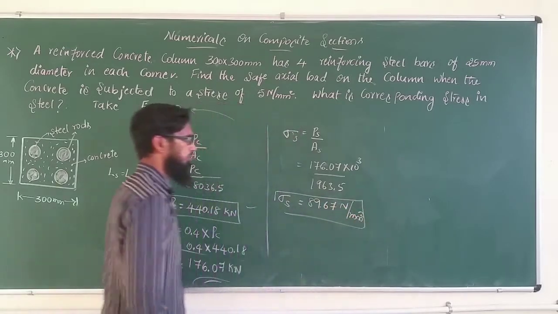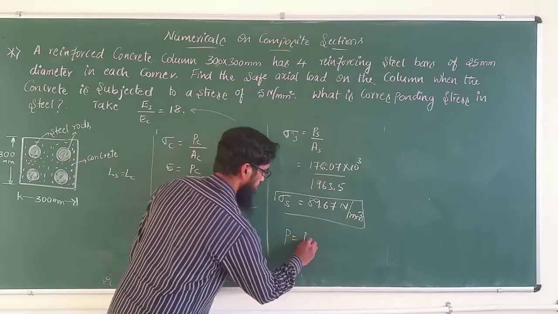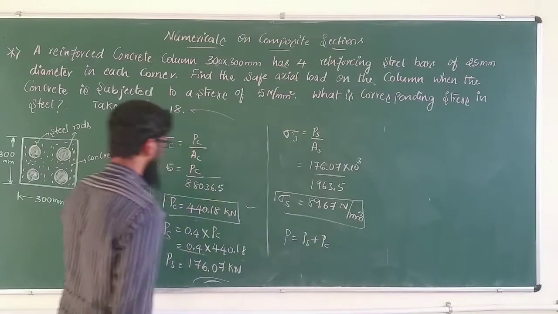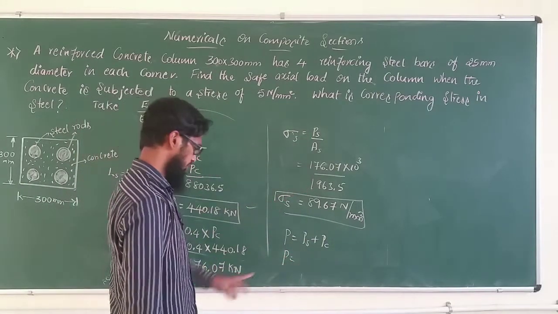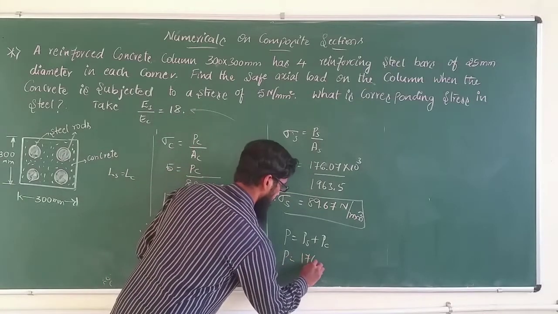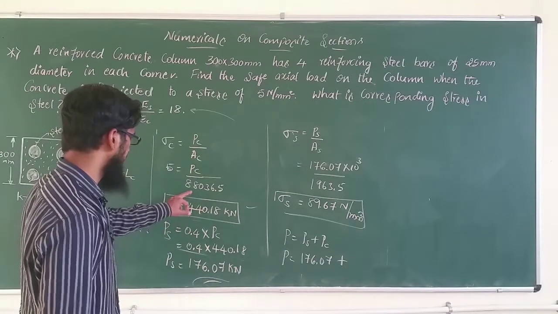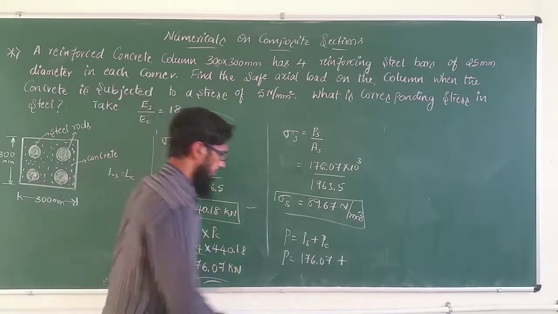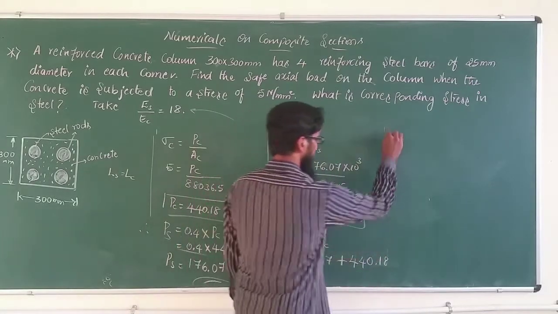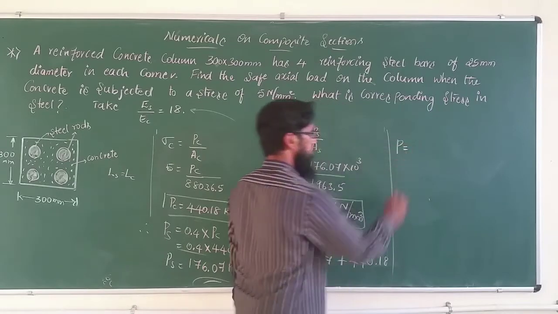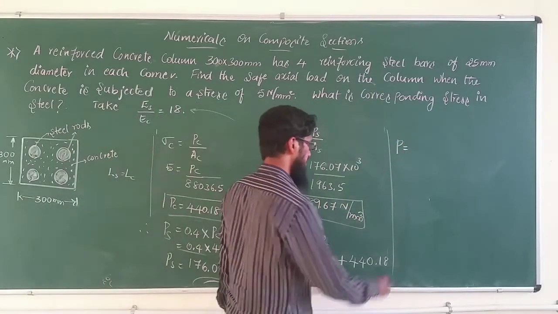We can even calculate what will be the total load in the concrete section here. Suppose I take P is equal to PS plus PC. So we got P is equal to totally, PS is 176.07 kilonewton, and the load in the concrete is 440.18 kilonewton. Therefore the total load which acts on the concrete section, that is the concrete column, we just add these terms.